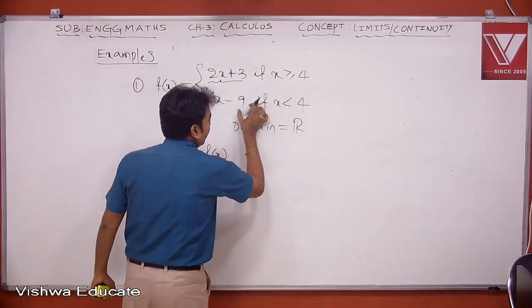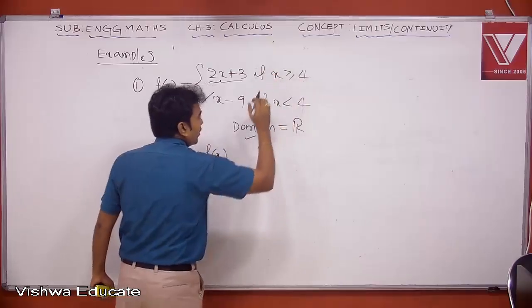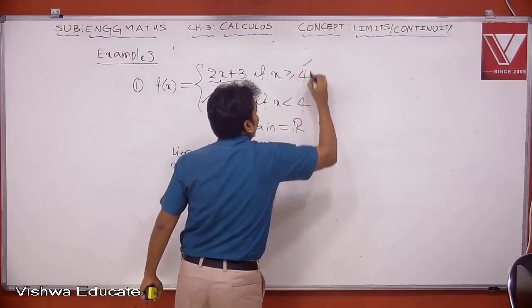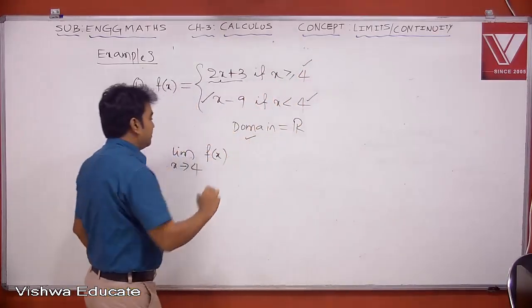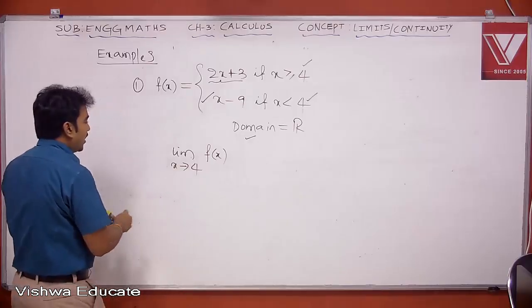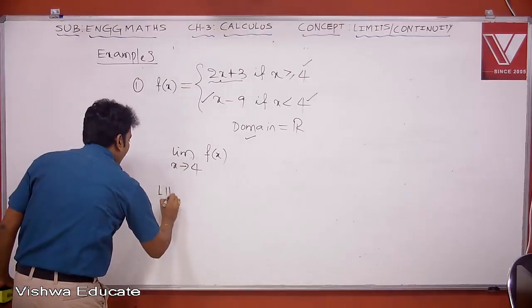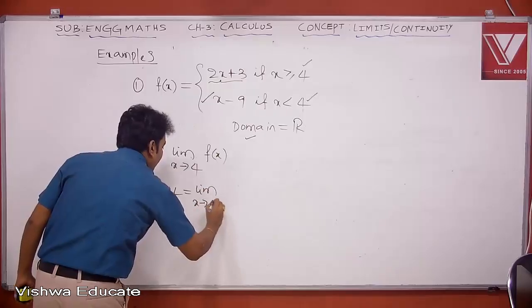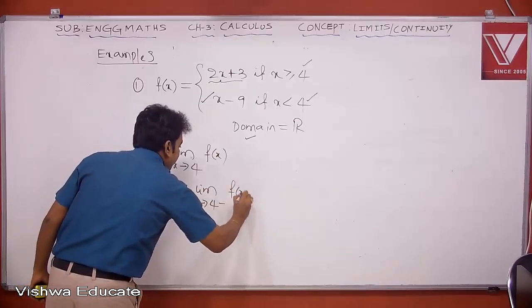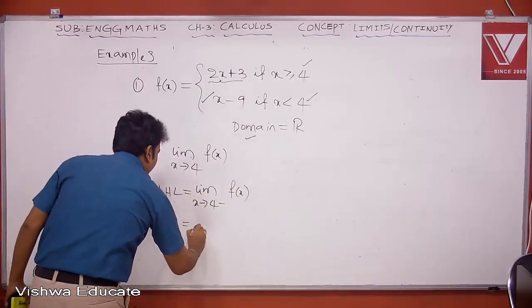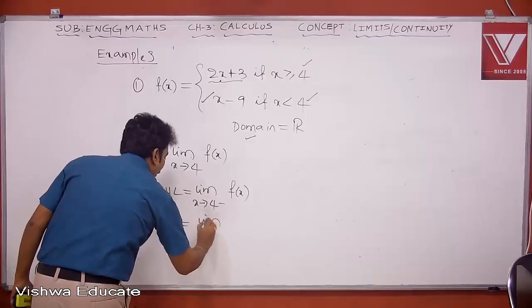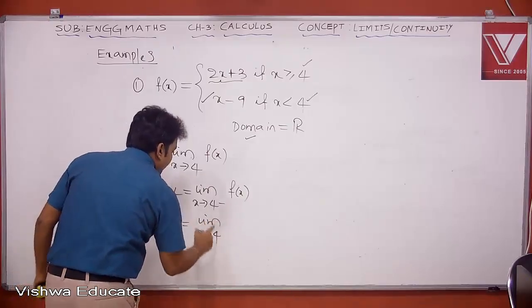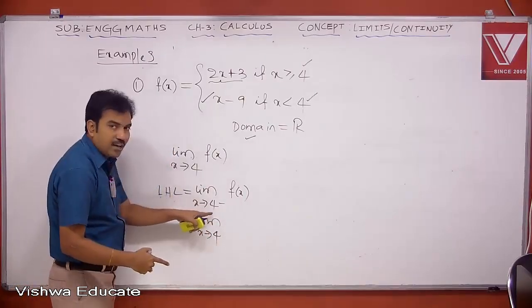Because before 4 we have one function, above 4 we have another function. So my task is to find the limit at this boundary point. Now let us see, in this case I will go for evaluation of LHL. This is the limit as x tends to 4 minus of f of x. Here x tends to 4 minus means x less than 4.